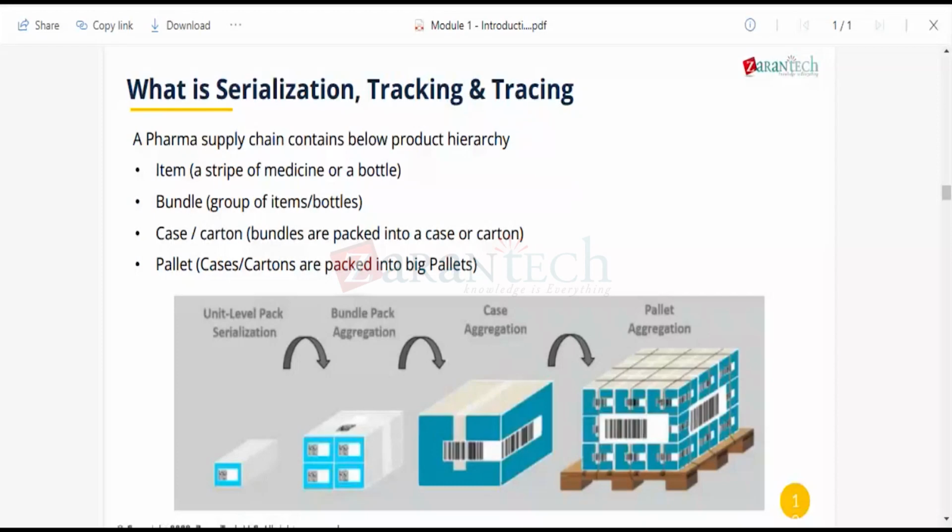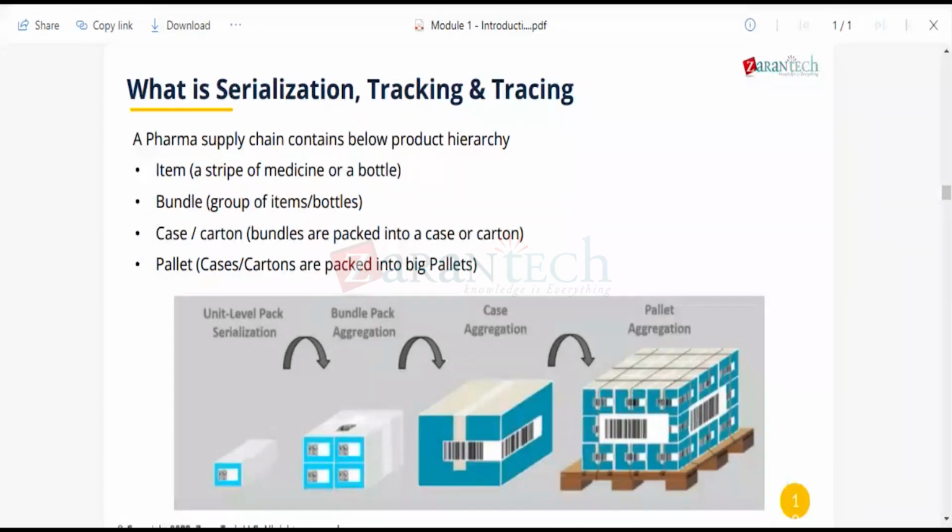You can see unit-level pack serialization: each strip of medicine or each bottle has a barcode. When products are grouped together, the bundle also has a unique barcode. Then the bundles are packed into a case, and that case also has a unique barcode. Each pallet also has a unique barcode.